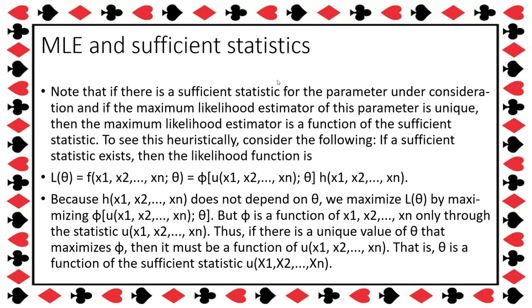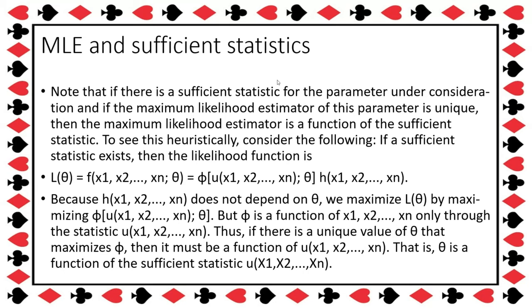We want to find what the value of theta would be to make the probability of getting this set of data most likely. Because you already have the data, that's why you want the likelihood to be as big as possible.